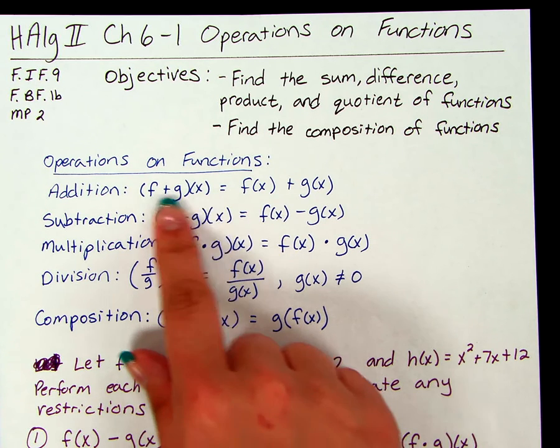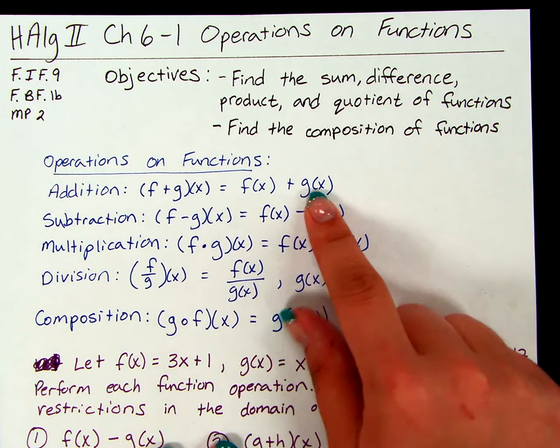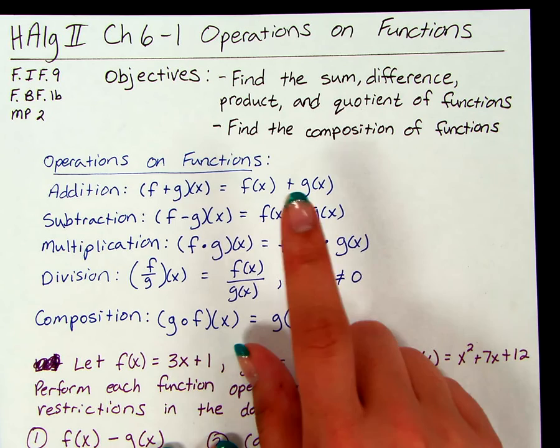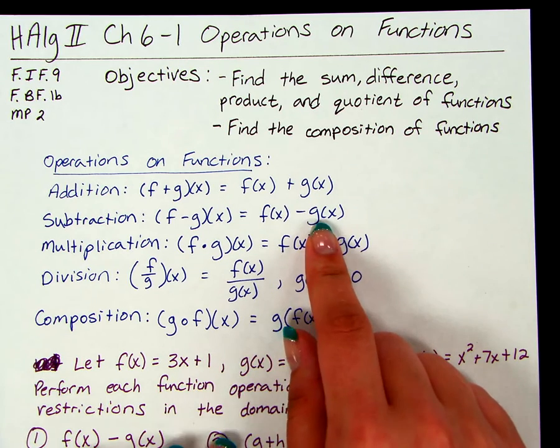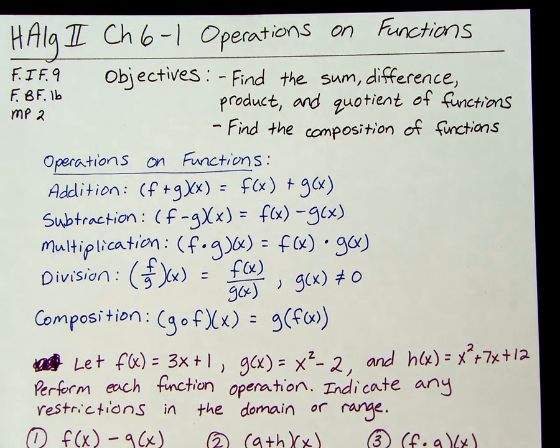We can split these up to say f of x plus g of x, or f of x minus g of x. Now when we are doing this, we are going to be given an equation. So we're going to replace the name of the equation in our function notation with the equation itself, and then simplify as much as we can.